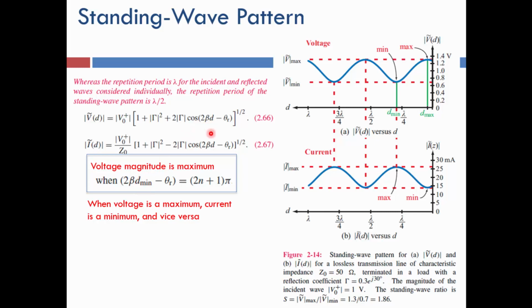On the other side, the maximum, we said, occurs when the cosine results in 1, and the cosine produces 1 if its argument is equal to even pi, that means 2n multiplied by pi, maybe in the next slide, that means 0, 2 pi, 4 pi, 6 pi, and so on.